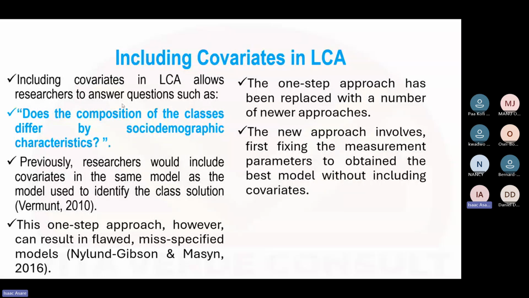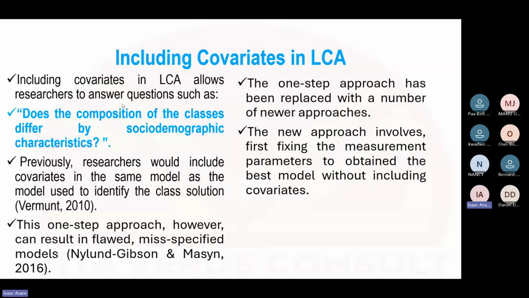Including covariates. Anytime you are running the latent class analysis, please don't include the covariate in the initial stage. Okay, don't include it. It's something that you need to know.